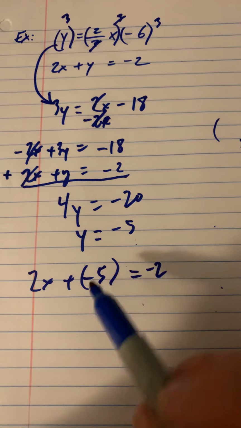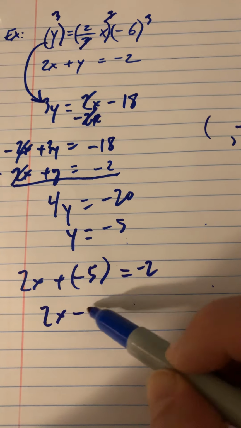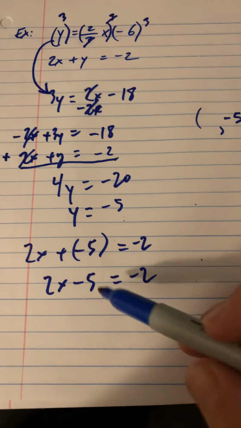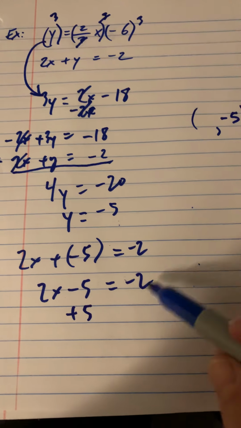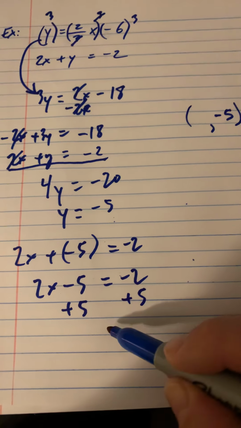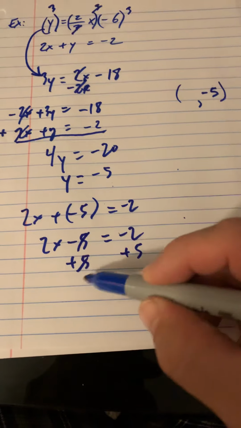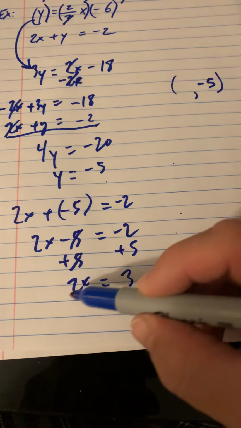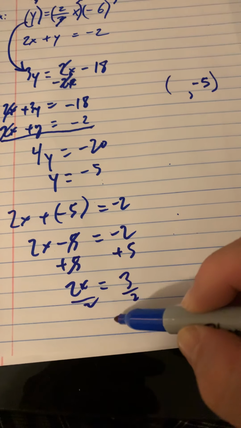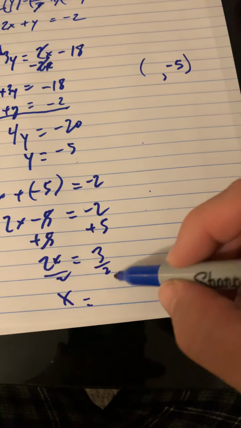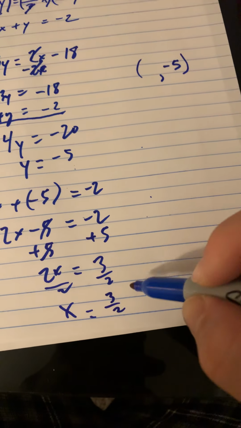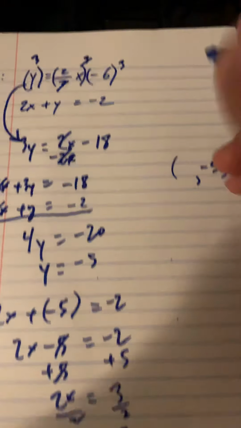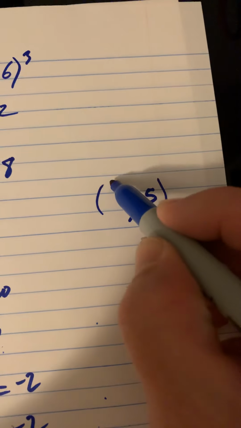That's 2x minus 5 equals negative 2. I add 5 to both sides and I've got 2x equals 3. Divide, and x equals 3 over 2, or 1 and 1/2. I'm just going to put 3 over 2.